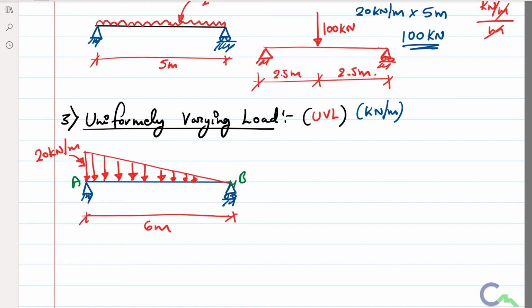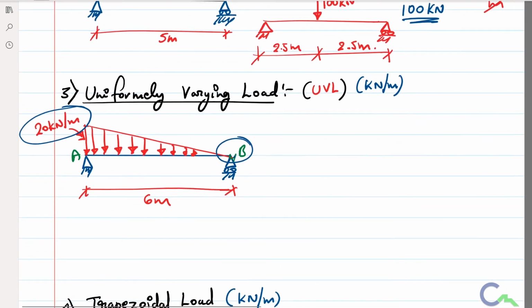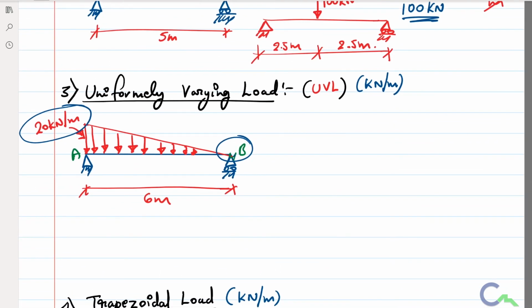The next load I am going to explain is the uniformly varying load, also called UVL. The unit is kilonewton per meter. If you see in the figure, on one side at point A the load value is 20 kilonewton, then it goes on decreasing uniformly to 0 at B. To do the analysis of this beam, I have to convert the UVL into a point load.